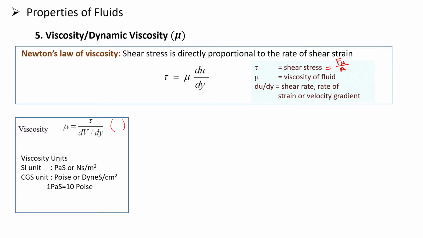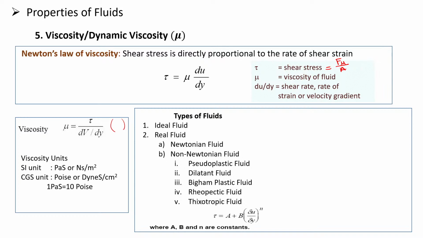You will get SI unit of viscosity is Pascal second, or that is also equal to Newton second per meter square. CGS unit of viscosity is dyne second per centimeter square, and that is also known as poise. Remember one thing, 1 Pascal second, that is equal to 10 poise. So many times in the numerical, the values of viscosities are given in the poise, and we want SI units. So we have to convert that poise into Pascal second.